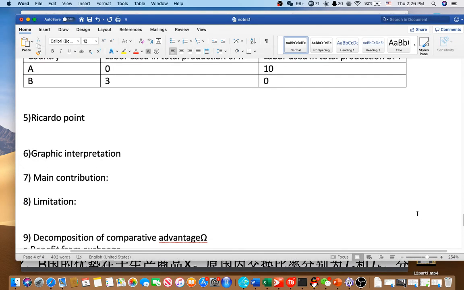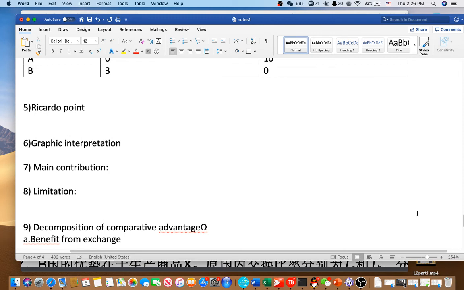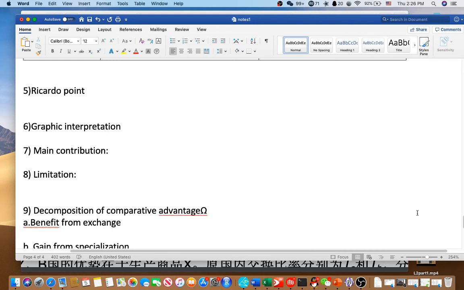The main contribution of Ricardo's theory is that it analyzes international trade's reciprocal benefit to the involved parties, regardless of deficits or surplus. It reveals that international trade takes place as a consequence of differences in comparative advantage, and international trade mutually benefits both parties.